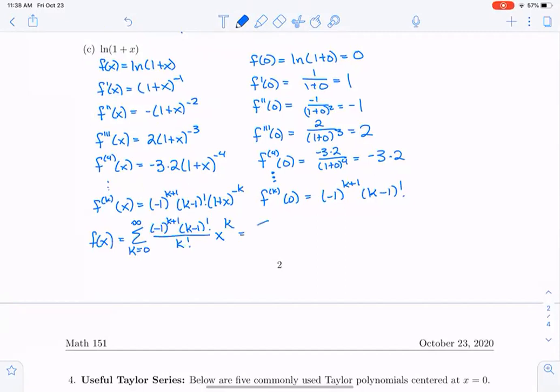We can simplify because k minus 1 factorial over k factorial is just 1 over k. We're thinking about k factorial as being k times k minus 1 factorial. And so it's negative 1 to the k plus 1 over k, x to the k. I'm going to write out a few terms so that we can see what it looks like. It looks like x minus x squared over 2 plus x cubed over 3.